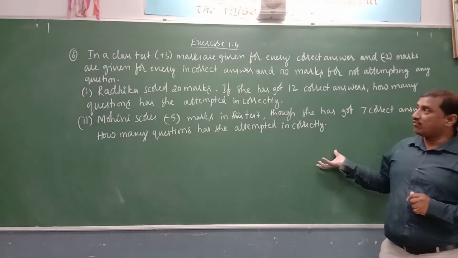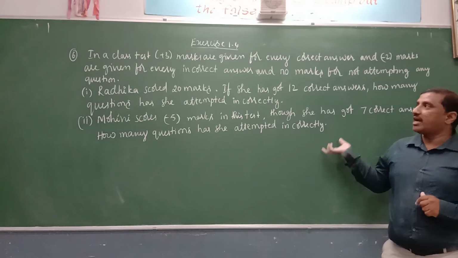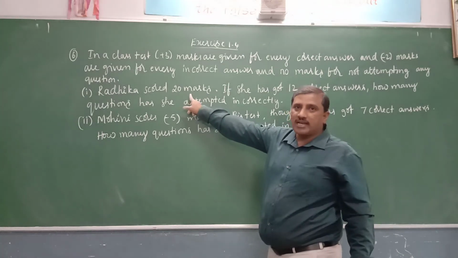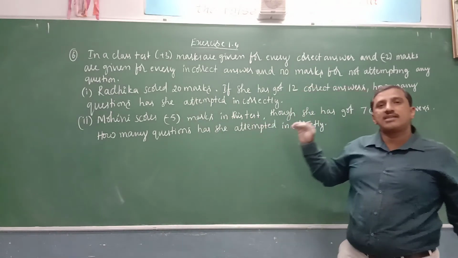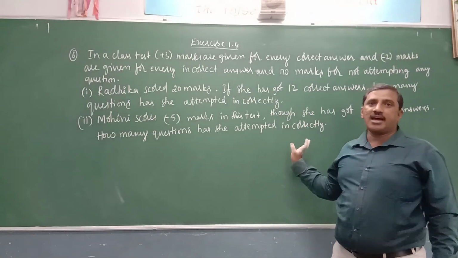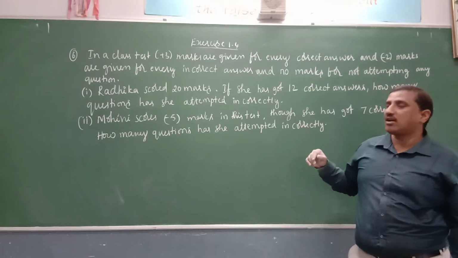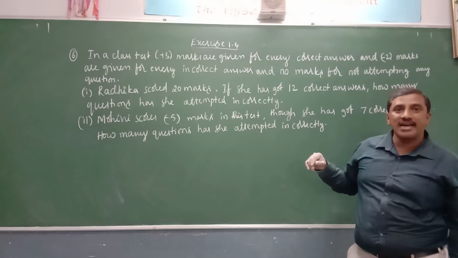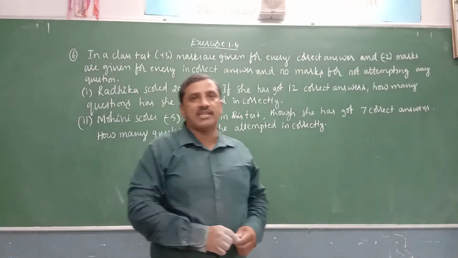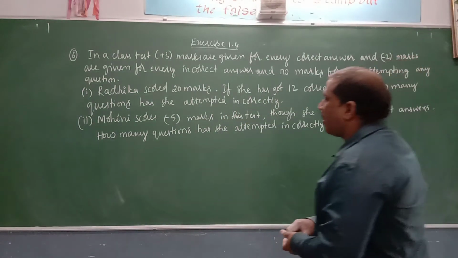So first we need to find the marks awarded for incorrect answers: total marks scored by Radhika minus marks awarded for the correct answers gives the marks for incorrect answers. When we know the marks given for incorrect answers, we can find how many questions she attempted incorrectly.